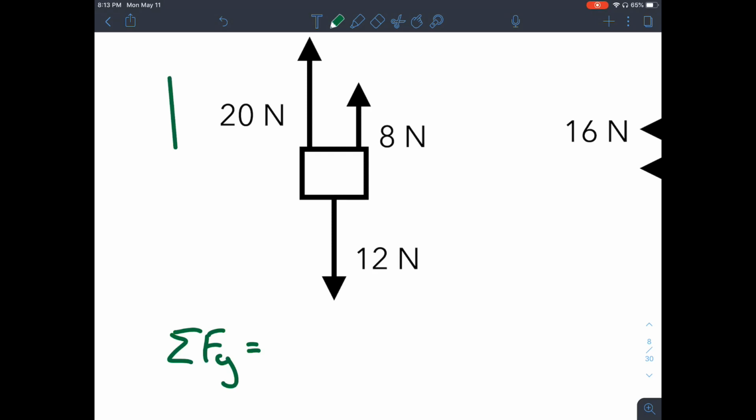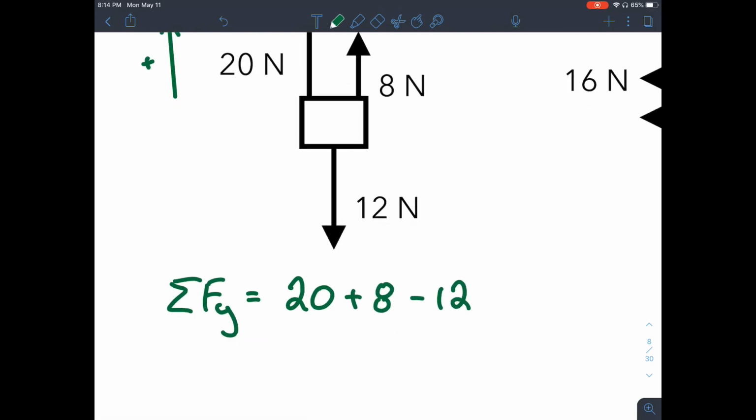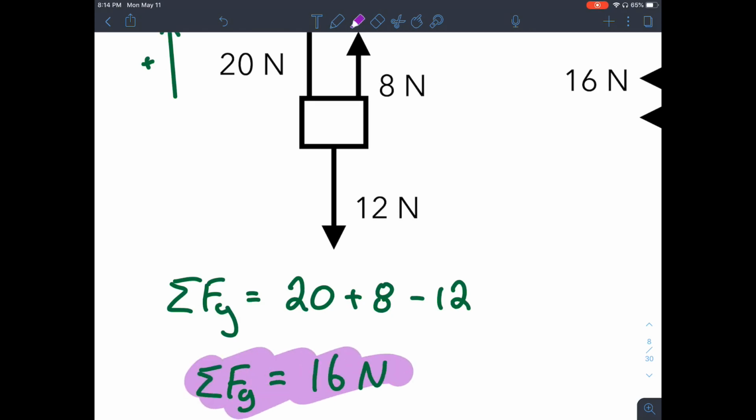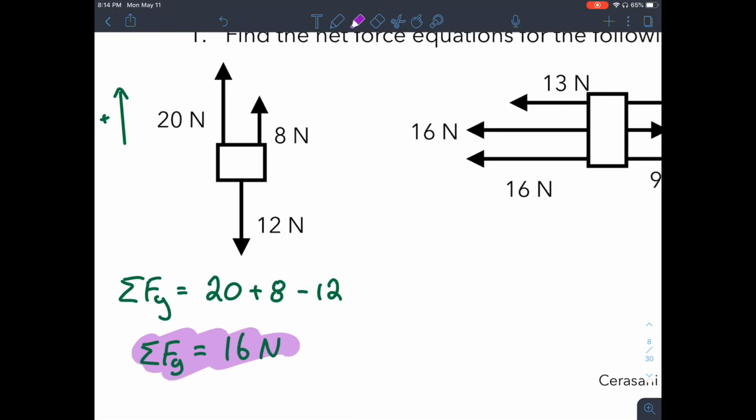Since we know that up is positive, we're not going to change that. We know that we're going to get 20 plus 8, and then we are going to subtract 12, which means the sum of the forces in the Y direction is going to be 20 plus 8 minus 12, which is 16 newtons, okay? Just up minus down. That's all that's happening here, okay?